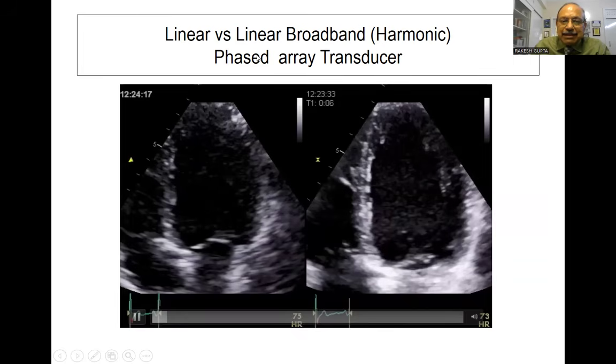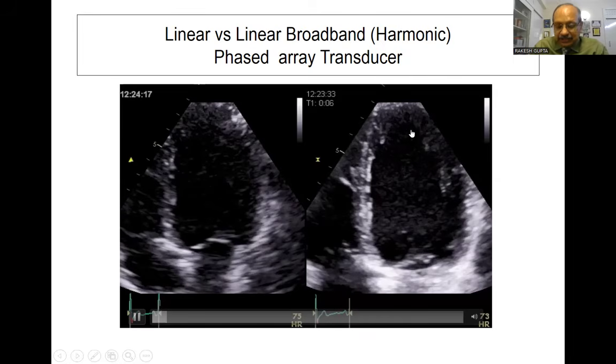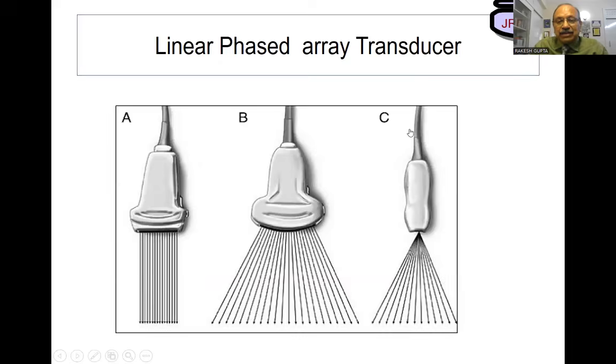This is a linear broadband phase array transducer with harmonics. This is a fundamental transducer. What is it doing? At 2 megahertz frequency it is imaging the base of the heart. At 4 megahertz, it is imaging the apex of the heart. And look, the apex is very clearly seen in this 4 megahertz transducer.